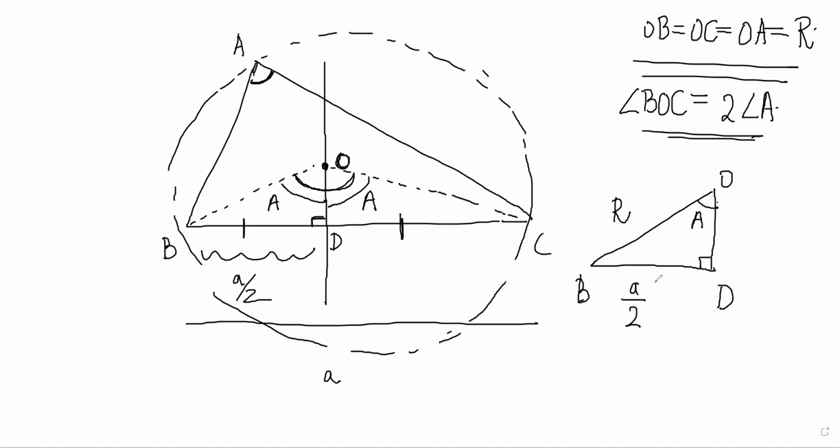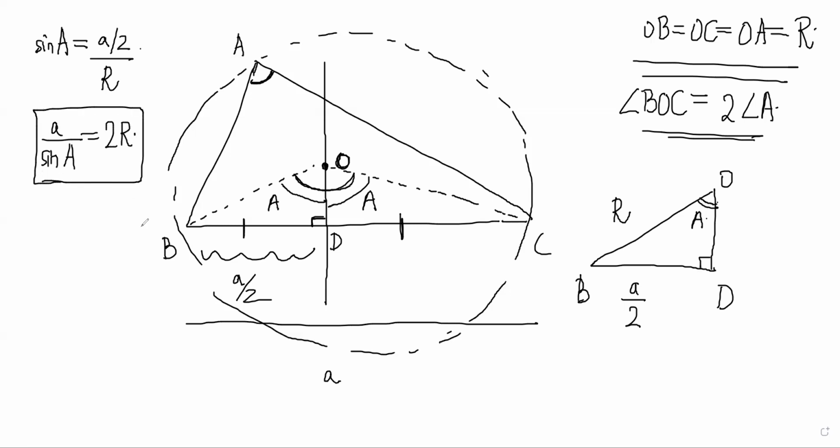Yes, sir. This base is a by 2. This angle is A, and now it's a right angle triangle. So I can easily say sine of capital A is equal to a by 2 divided by capital R, right? Yes, sir. So what am I getting? a by sine A is equal to 2 capital R.